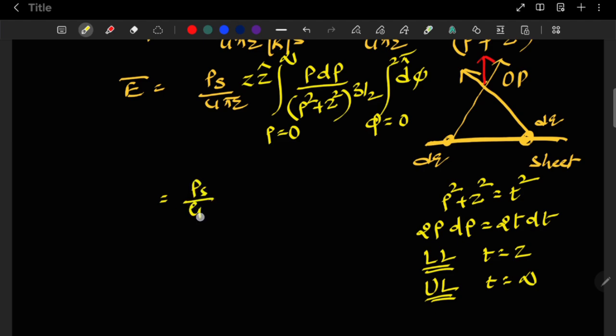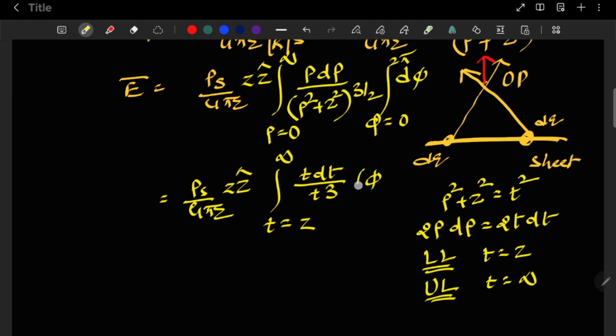Rho s by 4 pi epsilon, Z into z cap, integral. I'm changing the rho variable to the t variable, with lower limit z and upper limit infinity. Rho d rho means t dt, divided by rho square plus z square, which is t square, power 3 by 2, that means t cube. Then integration of 1 with respect to phi is phi with the limits 0 to 2 pi.